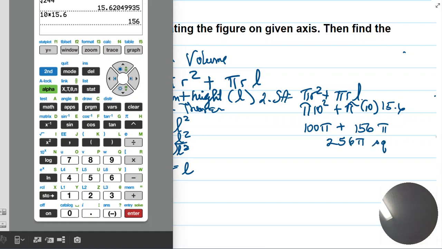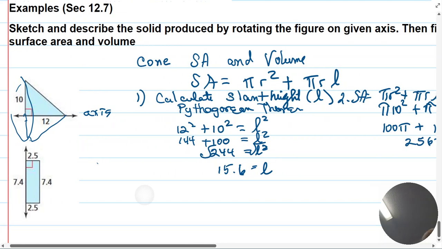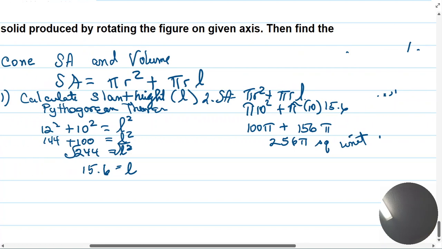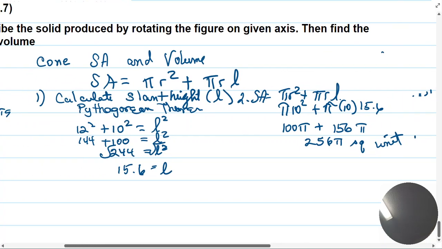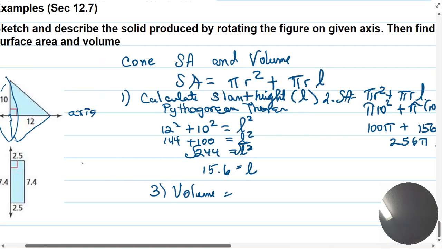Now, the volume is one third base times height. And we have a circular base.